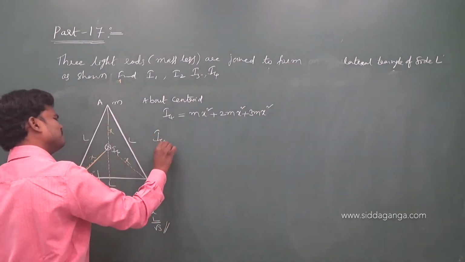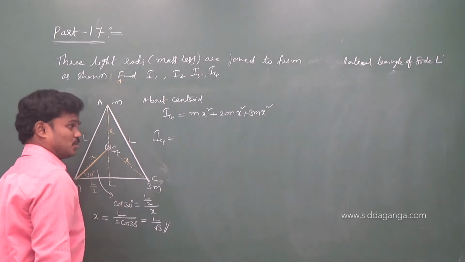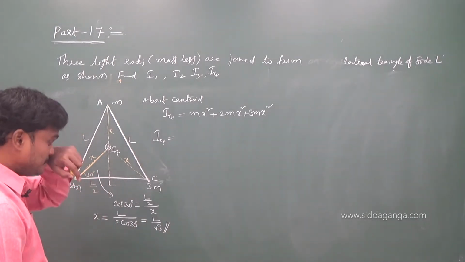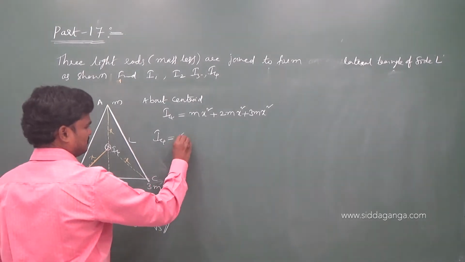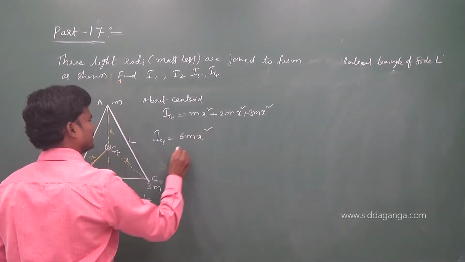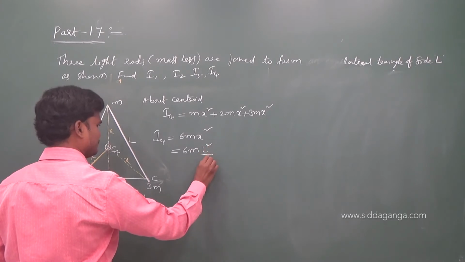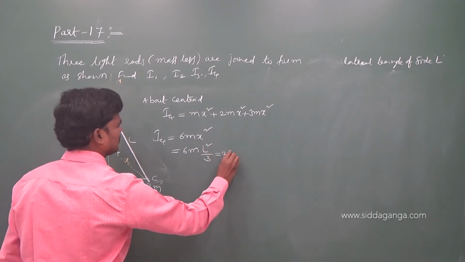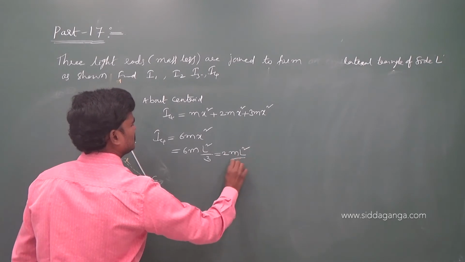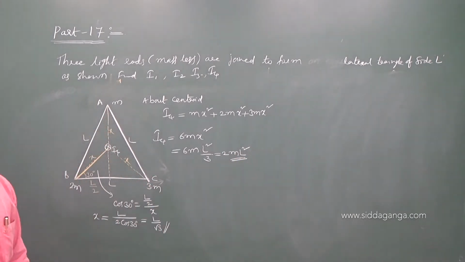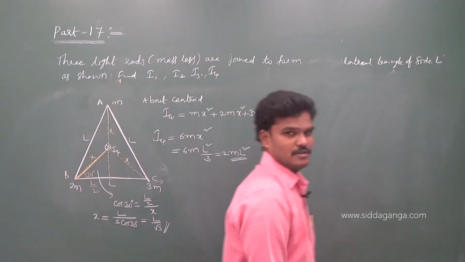So m, 2m, 3m, so 6m x square. What is x? L square by 3. Now what is the answer? 2ml square. Impossible to by heart these type of questions, okay?